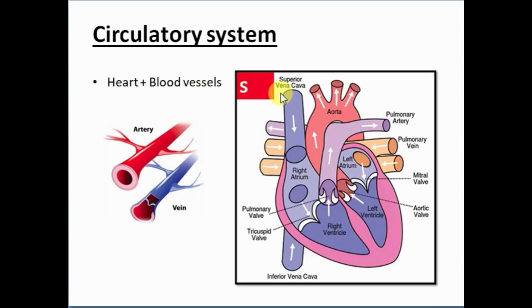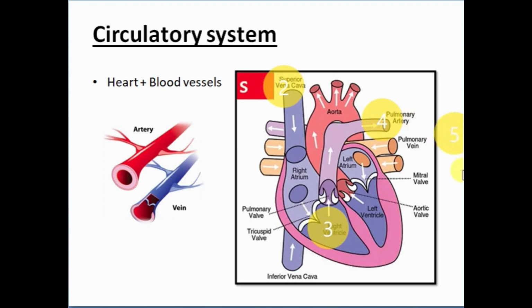First, the carbon dioxide present in the blood passes from this part to the right ventricle. Then from the right ventricle it passes to the pulmonary artery. From the pulmonary artery, the carbon dioxide present in the blood is carried to the lungs.